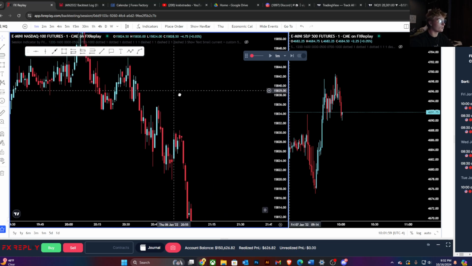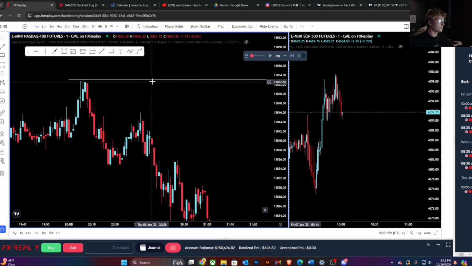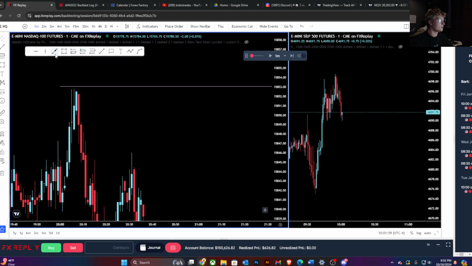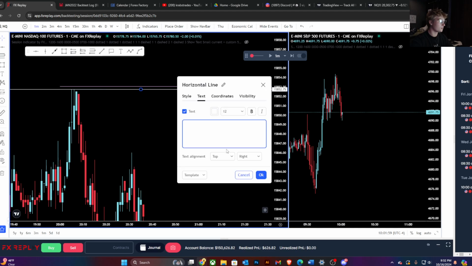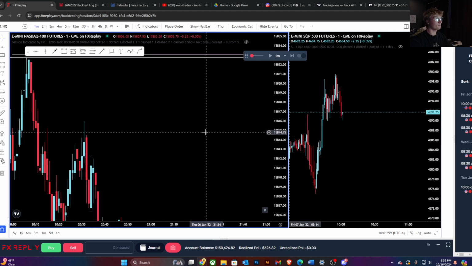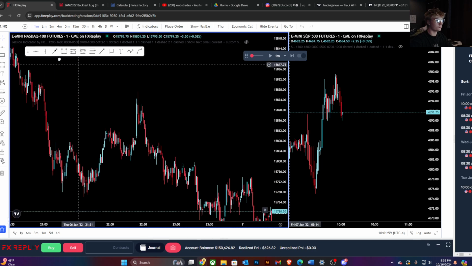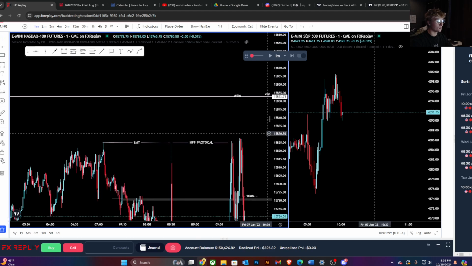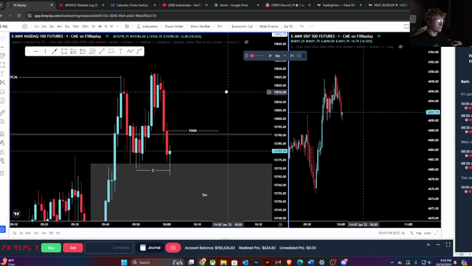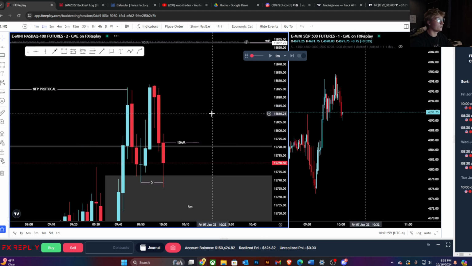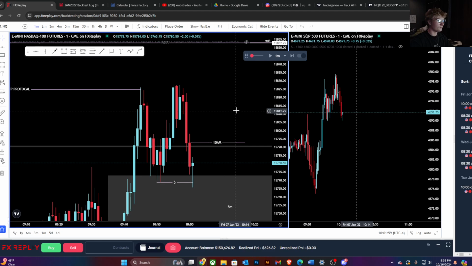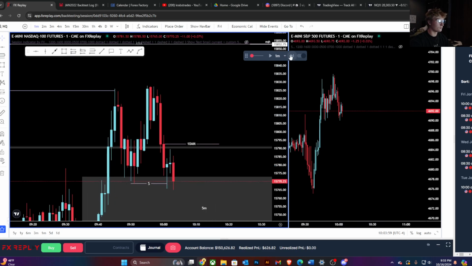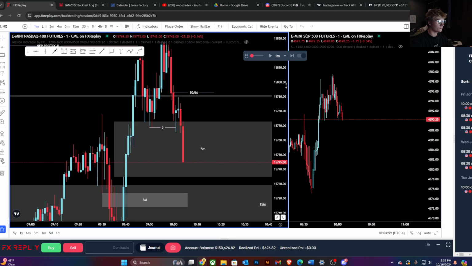But yeah, no equal highs above here. I mean, we do have these. They are pretty far away, but yeah, those are way too far away. I mean, not too far away if we get a good inversion. Looks like we're just dumping.